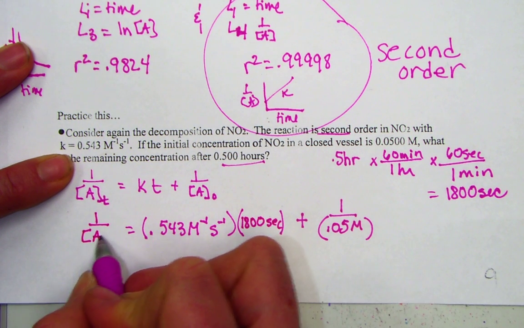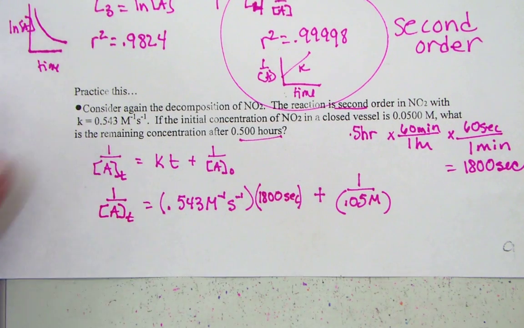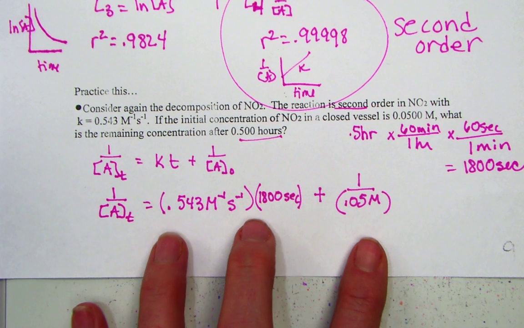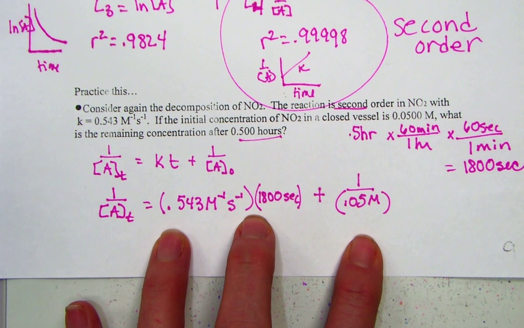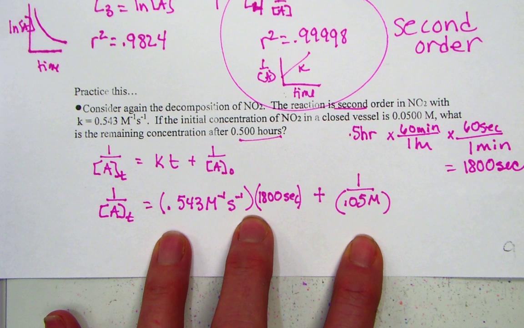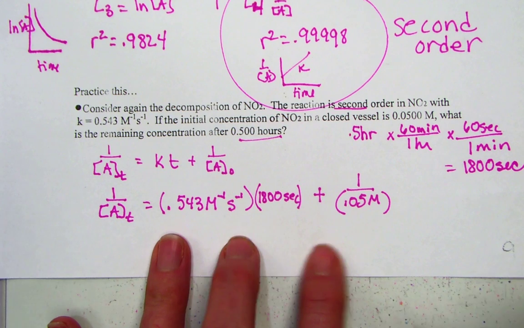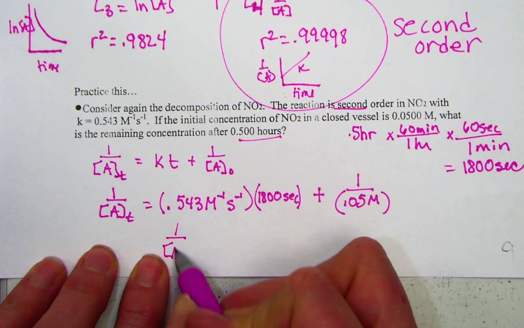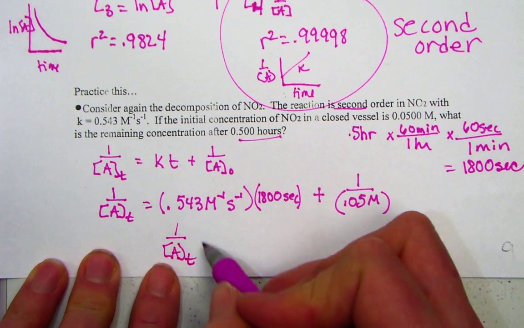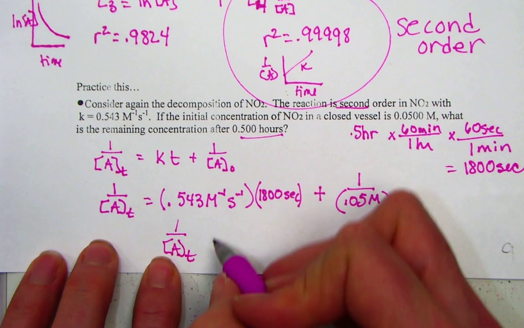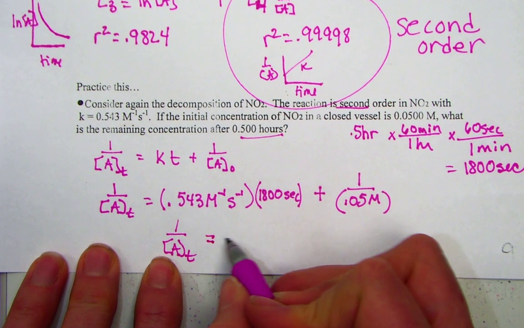How much of that is left after 1800 seconds went by? I think I'll choose to start with the right-hand side and simplify. 0.543 times 1800 plus parenthesis 1 divided by 0.05. 1 over the original concentration, or excuse me, the concentration remaining after these 1800 seconds went by.